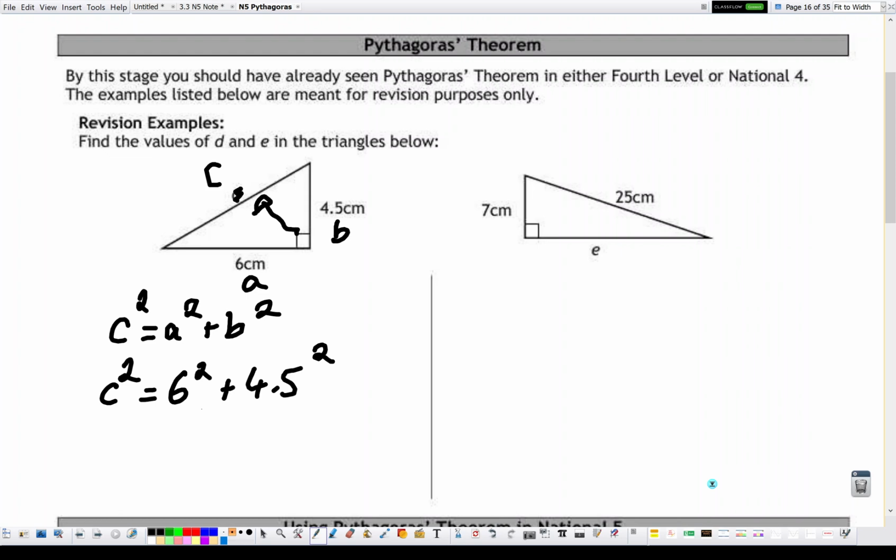So it's much easier just to put it all in one go by doing the square root of this whole thing on the right hand side. So here's what I want you to have written down: the square root of 6 squared plus 4.5 squared.